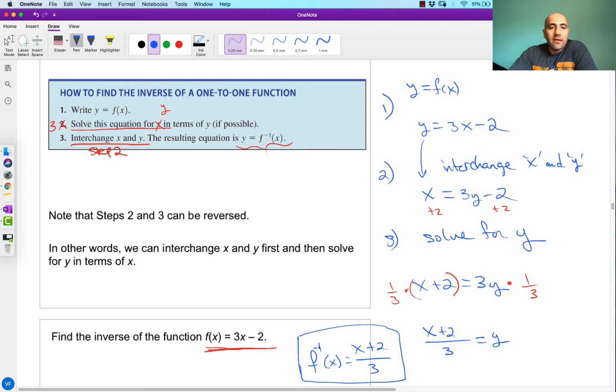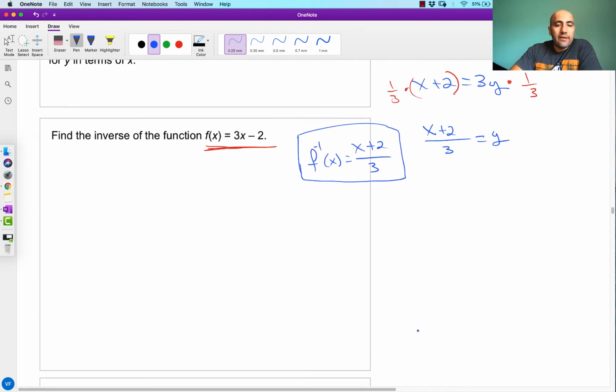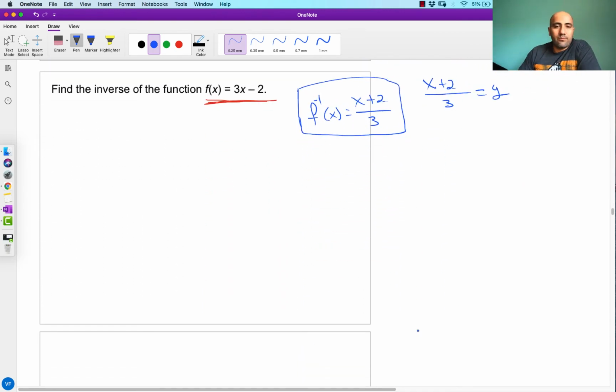Okay, not bad. In fact, when they're really easy, like in this case, I think you can easily find the inverse function without having to do this process, but it's nice to have that process in place for when they get more complicated. But in this case, notice that it probably wouldn't be hard to find the inverse function, right? So another way we could do this is to write down the instructions of what we're doing here.